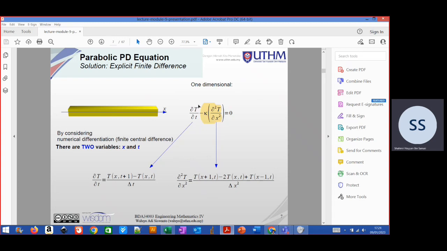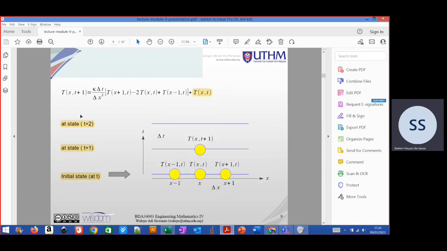This is for first order differentiation. This is second order. First order is against time, second order is temperature against distance x. So basically we can replace with this equation, replace back into here, and we get what we call the explicit finite difference equation.